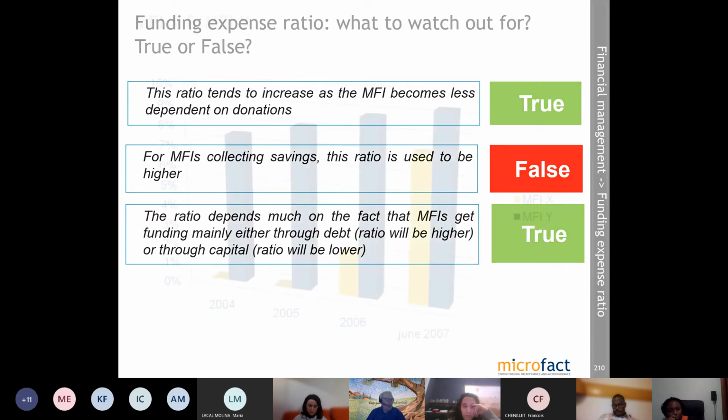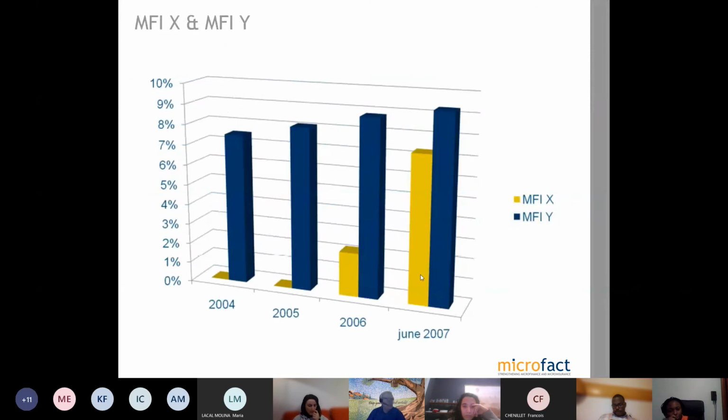So I will just show you the figures of our two organizations, X and Y. You remember, X was a young organization in the very beginning. They had a very low funding expense ratio, but it went up in the years after, while the established organization was increasing year after year from 7 to 8 to 9 to 10. So what do you think this organization will do?